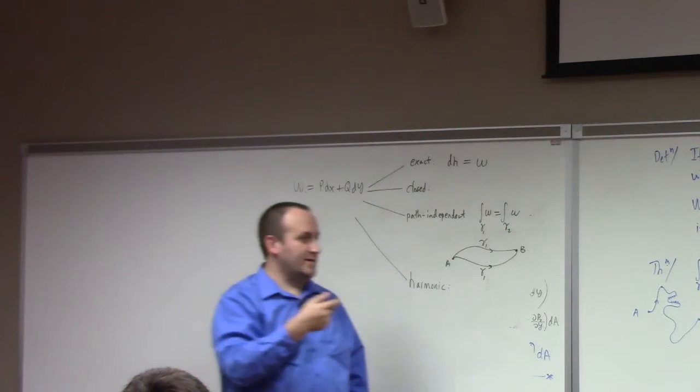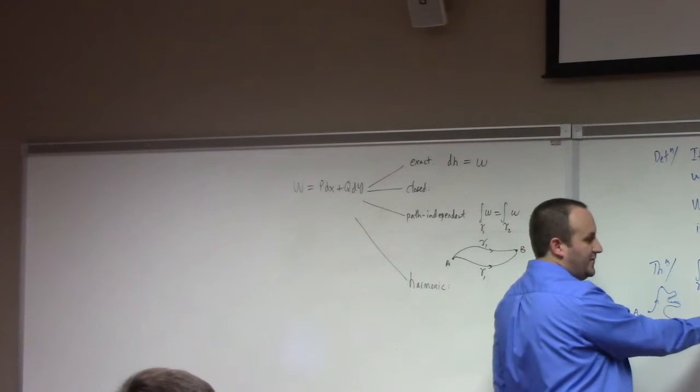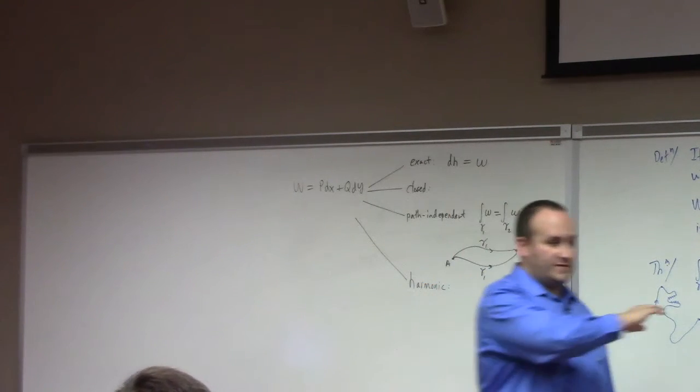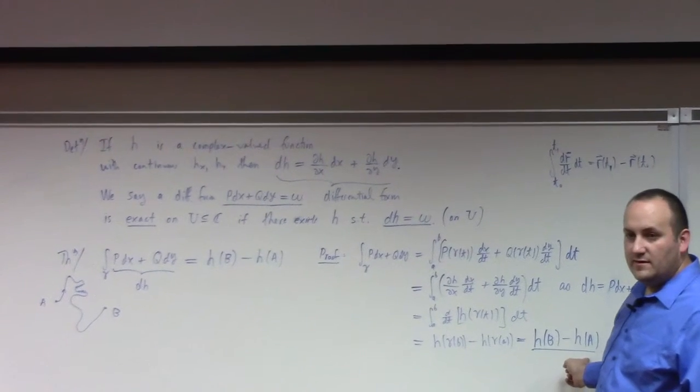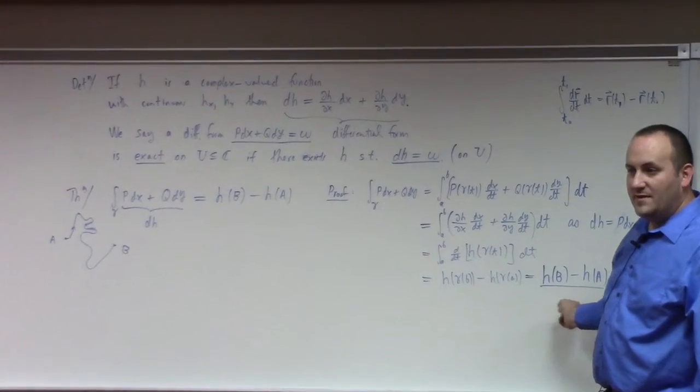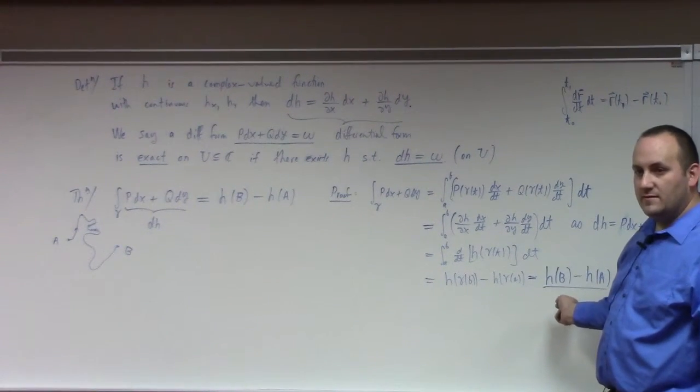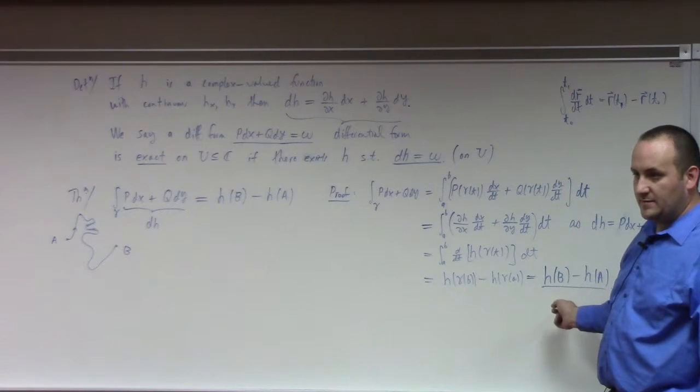If it's exact, that means it's the differential of something. It has this form, right? And so what this theorem says is that the value of the integral of the form along the curve depends only on its terminal points. Its endpoint minus its initial point, right? So any two curves which go from A to B, same integral, right? So yes, exact implies path independent.